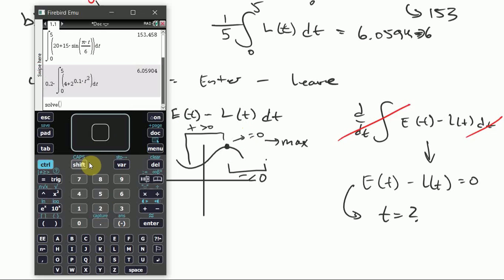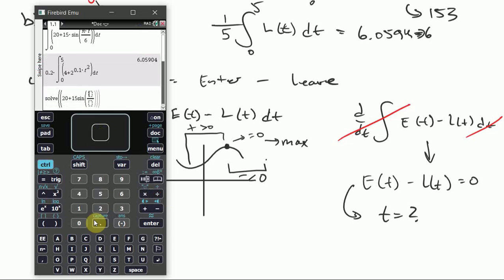So we can see these two different functions up here: 20 plus 15 times sine of pi t over 6, minus this 4 plus 2 to the 0.1 t squared, is equal to 0. And we're looking for t.